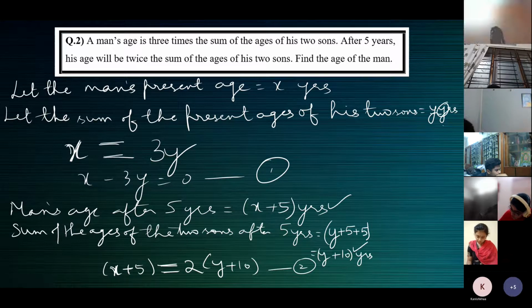Yes, Meera, you're right. All of you must get it. You can find y, but it's not asked. You only need the value of x because the man's age you have to find. So solve the equations and say the man's present age is 45 years.